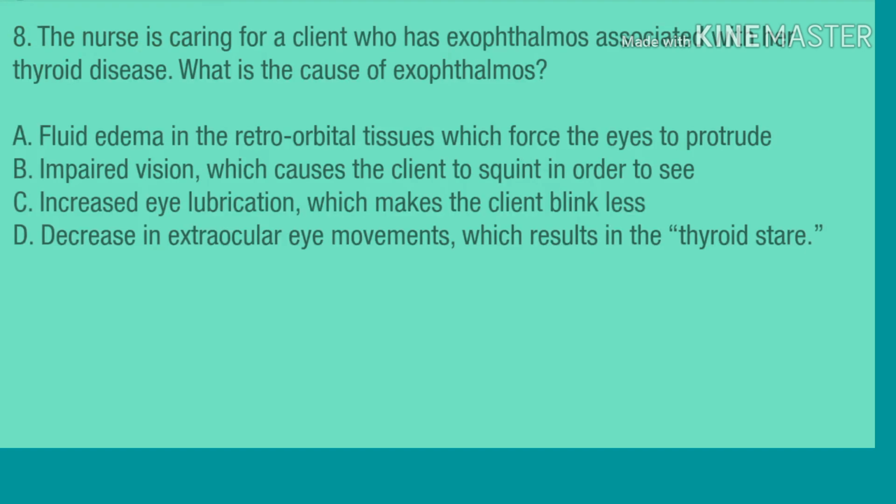Question 8. The nurse is caring for a client who has exophthalmos associated with her thyroid disease. What is the cause of exophthalmos? A. Fluid edema in the retroorbital tissues which force the eyes to protrude. B. Impaired vision, which causes the client to squint in order to see.